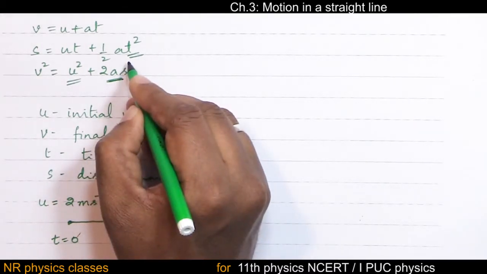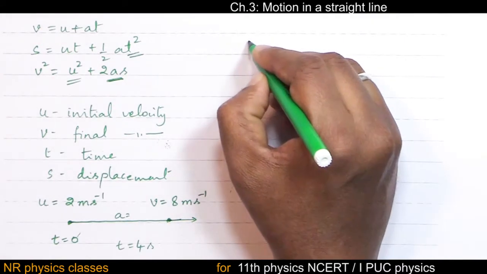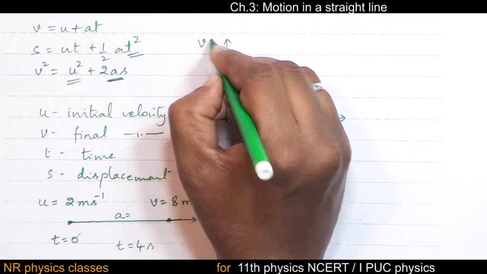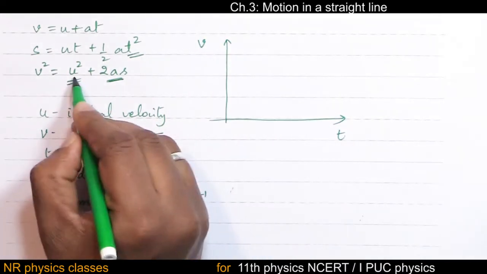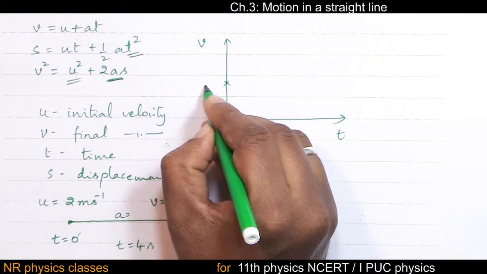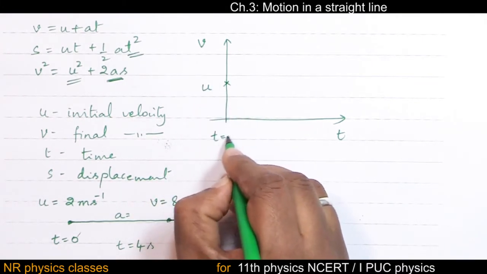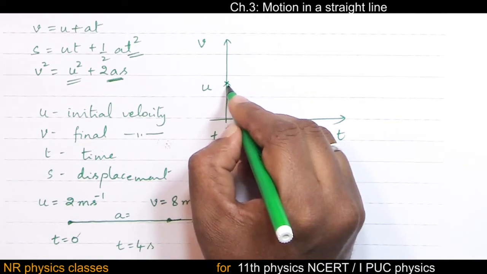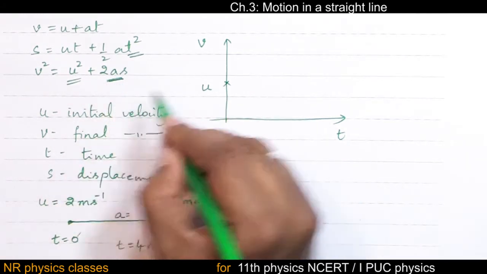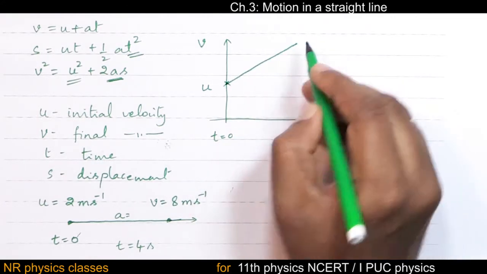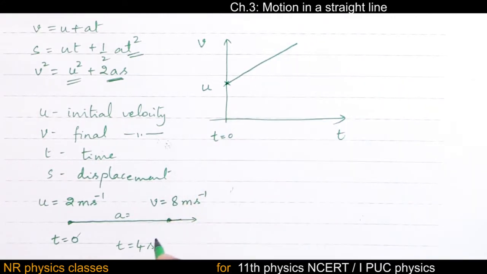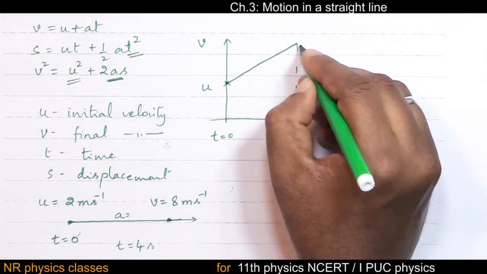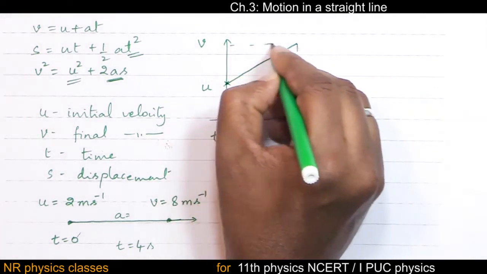the velocity time graph of this is the velocity time graph. Initial velocity u, so this is initial velocity, because at time t equal to 0, body has velocity that is called initial velocity. It should be accelerated motion, therefore this represents accelerated motion. At time t, velocity is v.